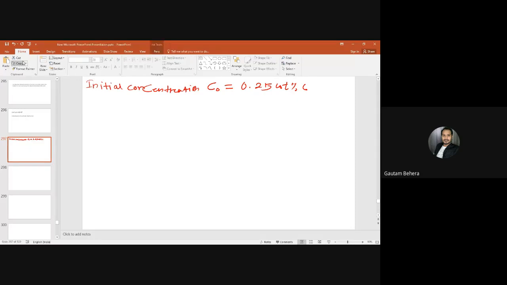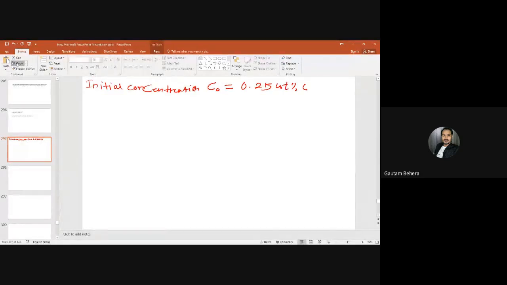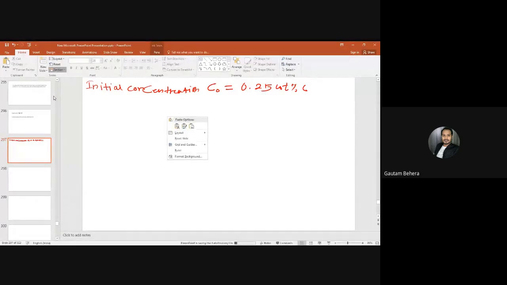It is also given the temperature of carburizing. Sorry, I am finding difficulty in writing actually. It's not so easy.